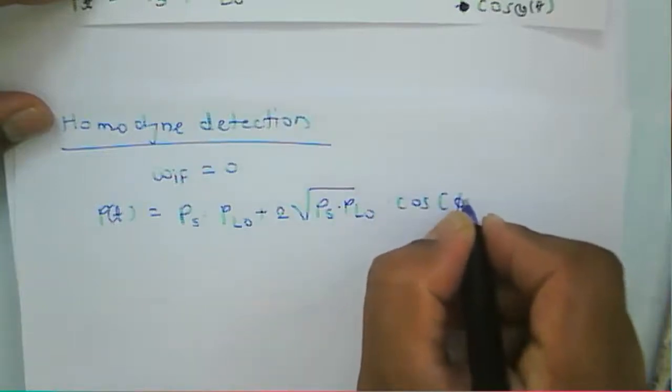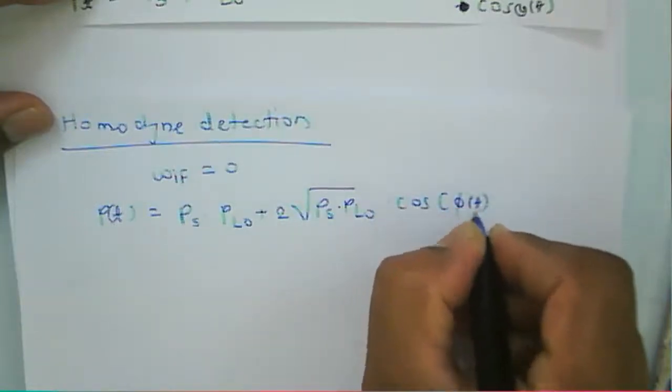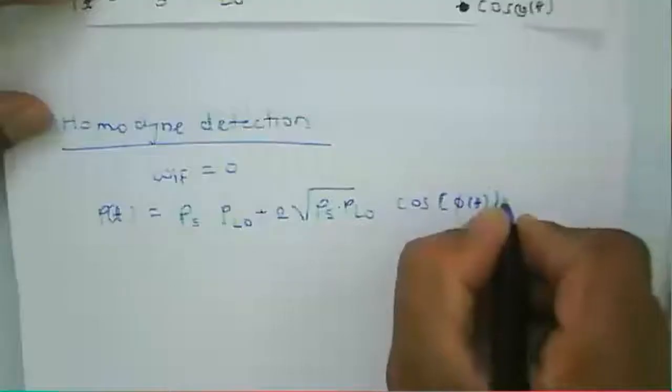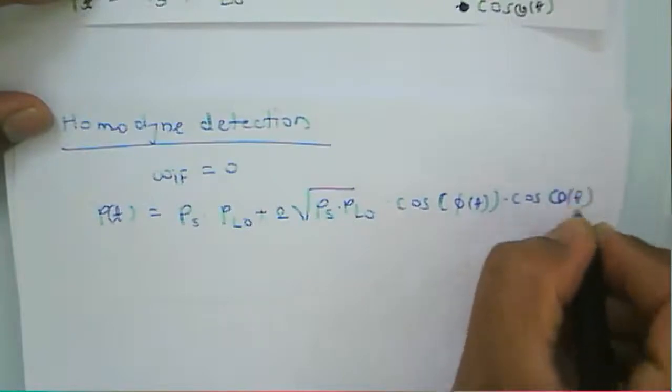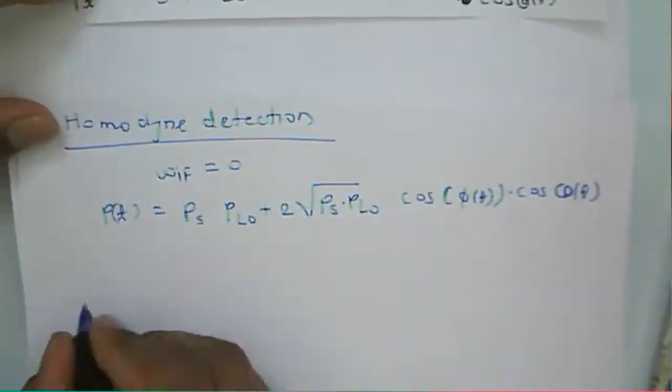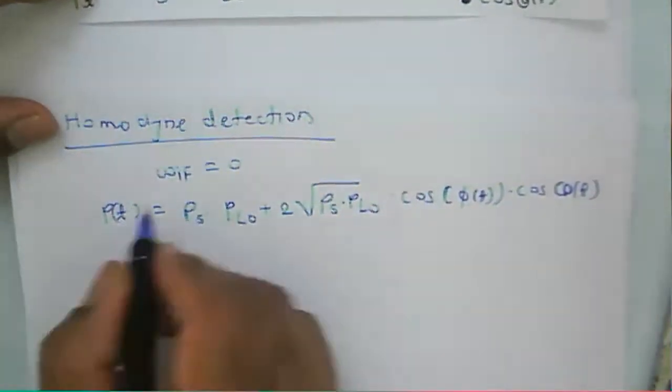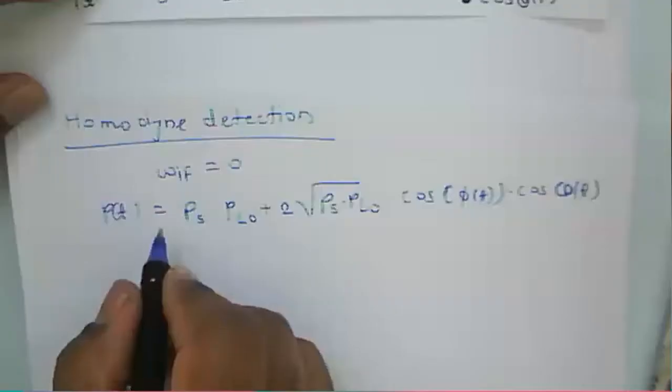into cos of phi of t, sorry, into cos of theta of t. So that is homodyne detection here.